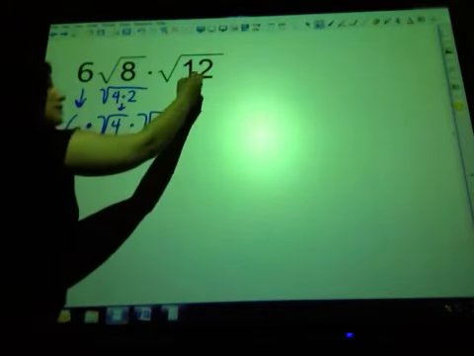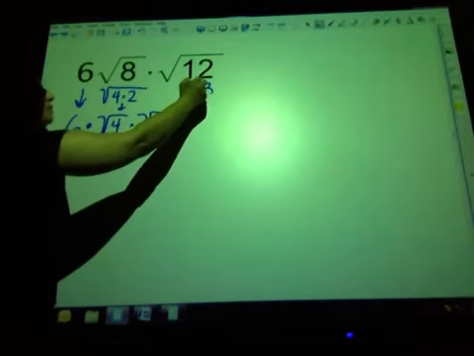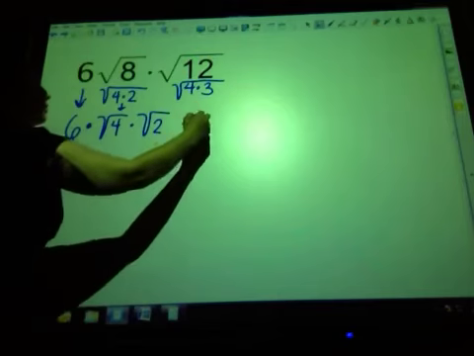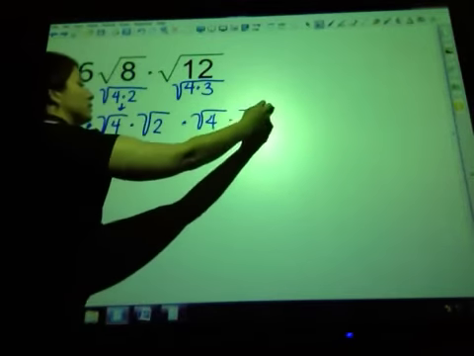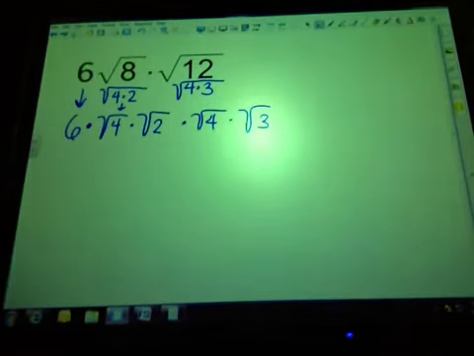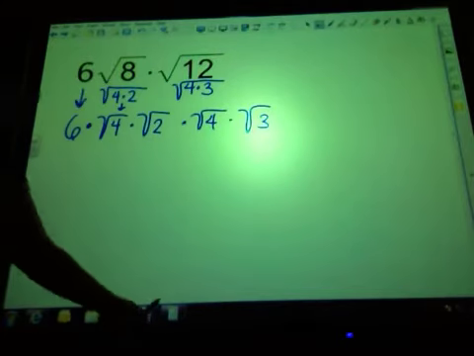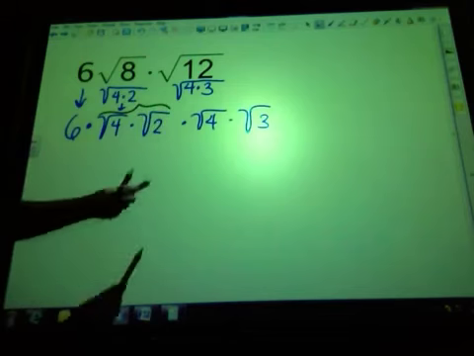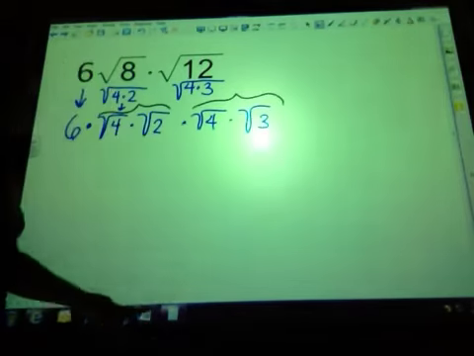Then I need to break my 12 apart. I can break that apart into 4 times 3, so I'm going to do the square root of 4 times the square root of 3. So these two numbers are representing my square root of 8, and over here, this is representing my square root of 12.